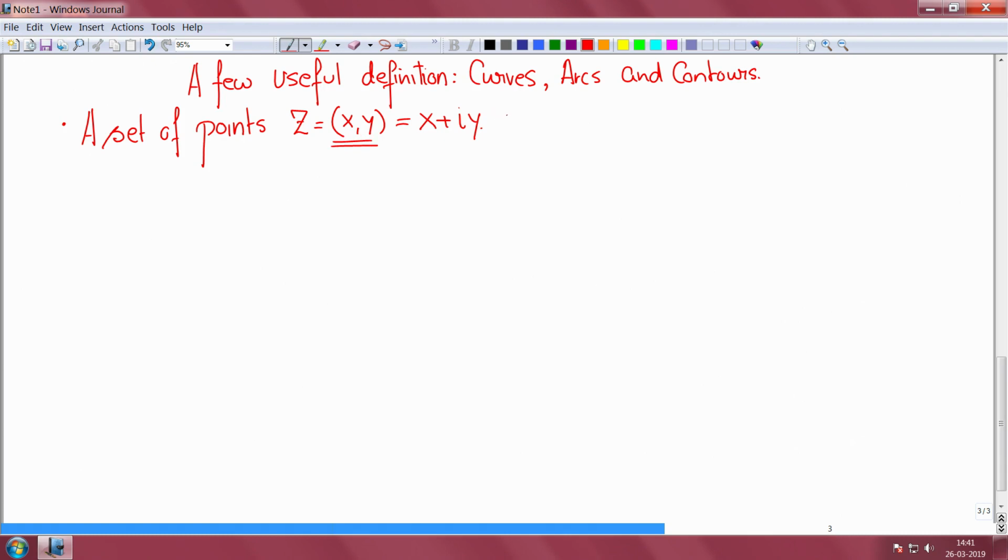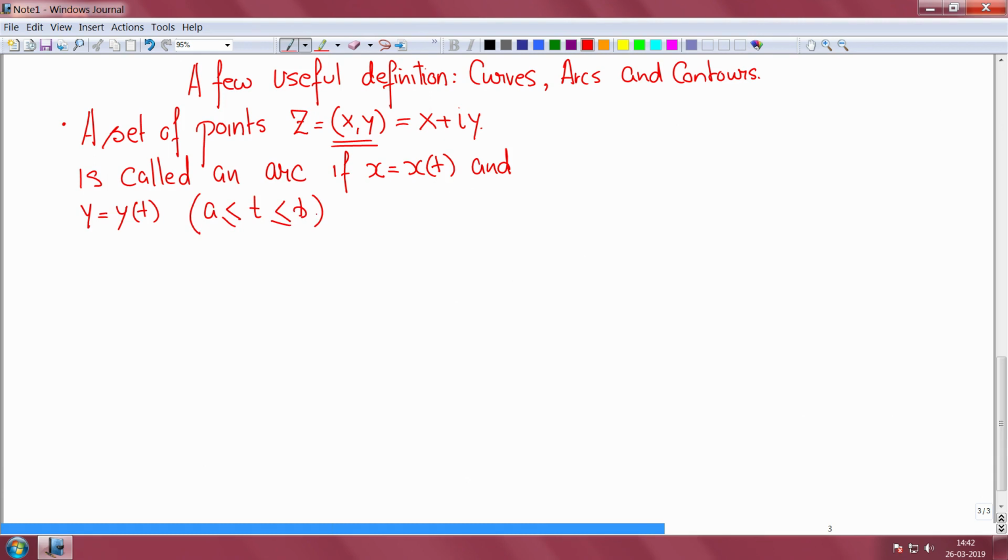So, a set of points x plus iy is called an arc, if x is a function of this real variable t, and similarly y is a function of the real variable t, and t extends between a and b on the real axis.